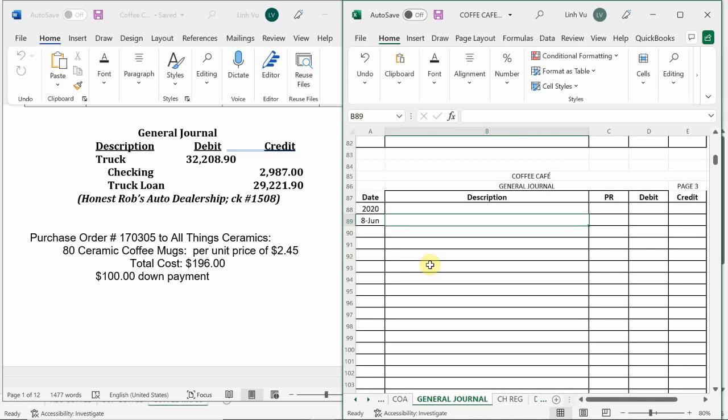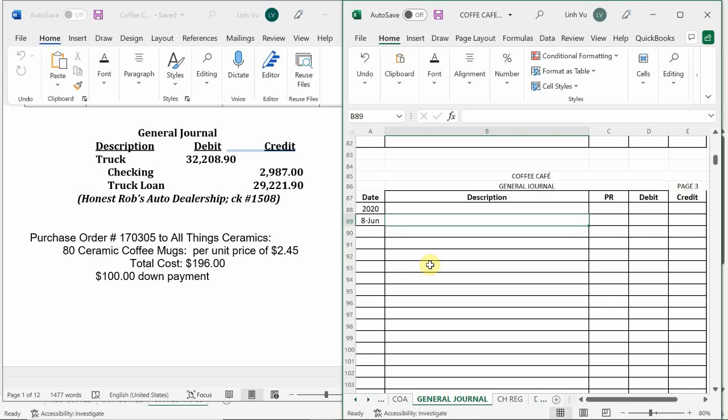Check. Okay, you're going to write a check. So checking, good. What else? Truck loan. I'm not buying a truck. Okay. Purchase order. Is there an account called purchase order? Okay.